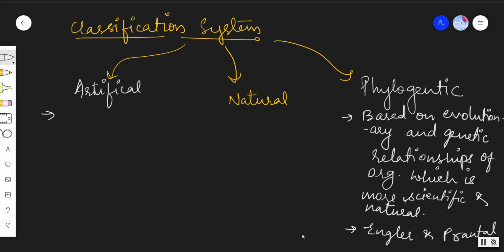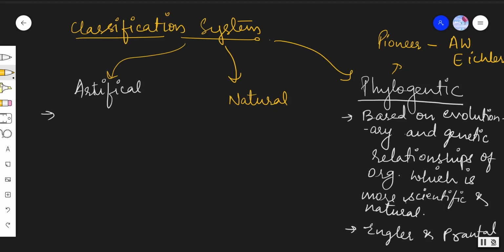But the one who is known as the pioneer of the phylogenetic system was A.W. Eichler.